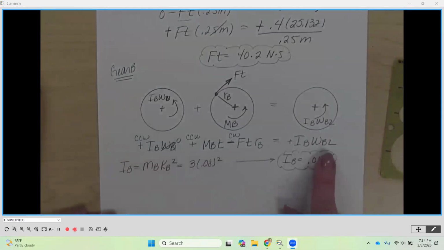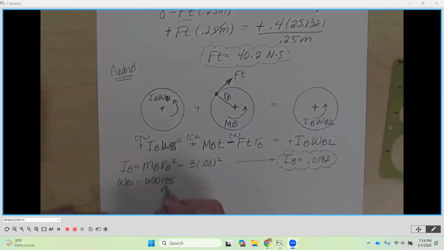Then the next thing that's kind of easy to calculate, let's do our WB2. We know WB2 to be equal to 600 revolutions per minute. We can't use revolutions per minute. We have to convert it to radians per second.